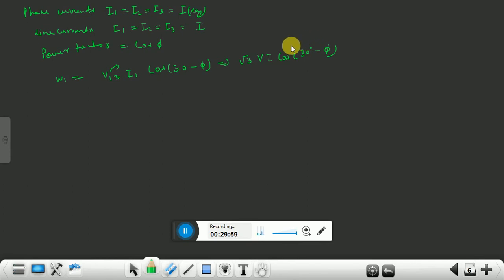Okay, and again calculate wattmeter 2 reading. So wattmeter 2 reading, again our current lags behind voltage by 5 degree. So in this case we get cos 30 plus 5.